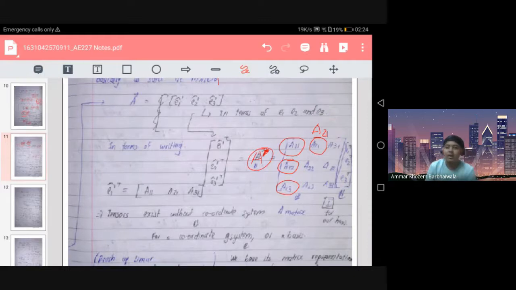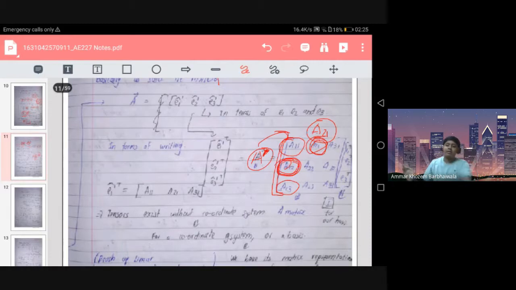If we want to represent it in the form of a matrix, I can write the A21 component here. The A21 component means the same as what it means in MA106, but we are writing it in this manner. If we were to write a matrix of all the values of a tensor A, we are replacing the A12 which used to be here in MA106; instead of writing the A12 value there, we write it right here.